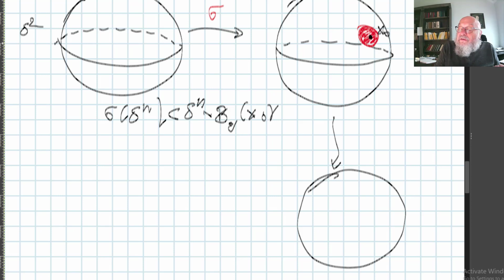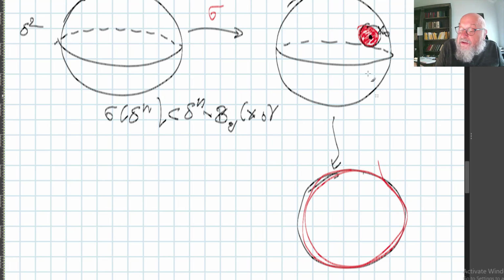Outside is the small ball that we cut off. It's like a stereographic projection from that point.